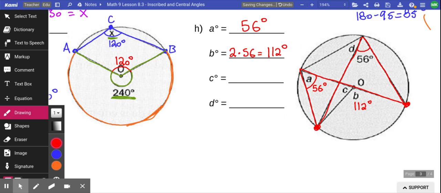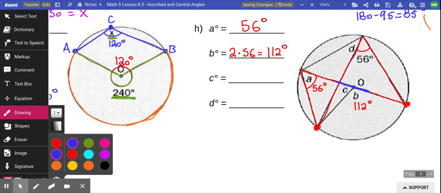What else can we do? We could look at my favorite trick. My favorite trick is that if you have a straight line, like we have right here, the angle on a straight line should be 180 degrees.